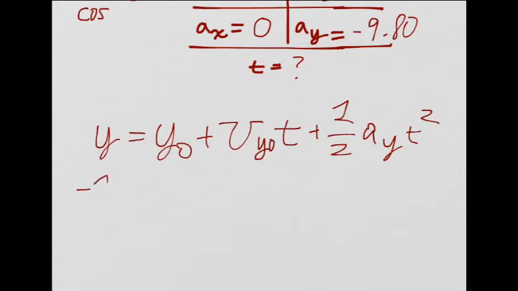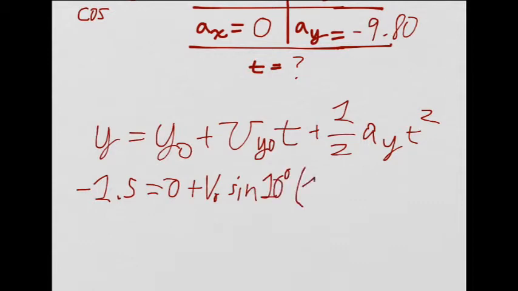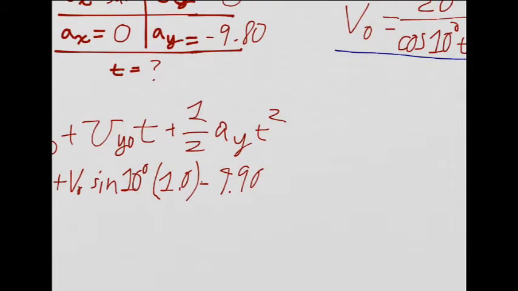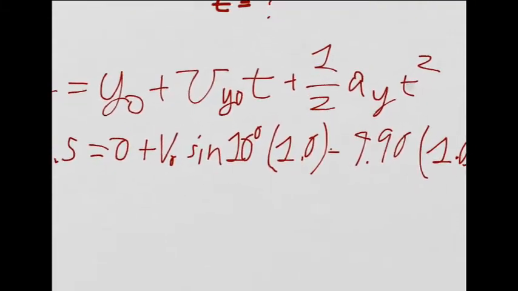That's negative 1.5 equals nothing, plus v initial sine of 10 degrees, and we have time now, so let's add that in, times 1.0 second, minus 4.90 times 1.0 seconds squared. Do some math.